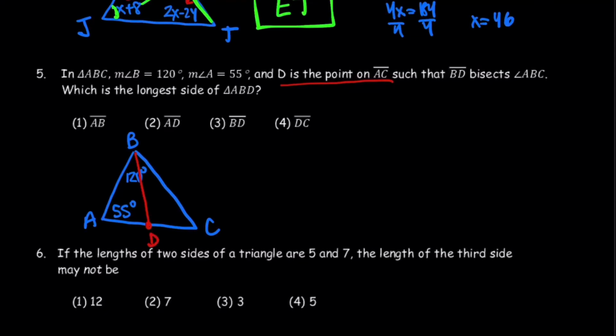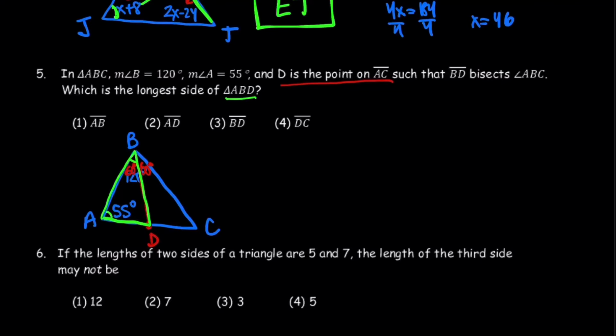There's D. If this angle here was 120, each one of these is going to be 60 because it bisects that angle. So 60 and 60. It says, what is the longest side of triangle ABD? Well, that angle is 55. That angle is 60.